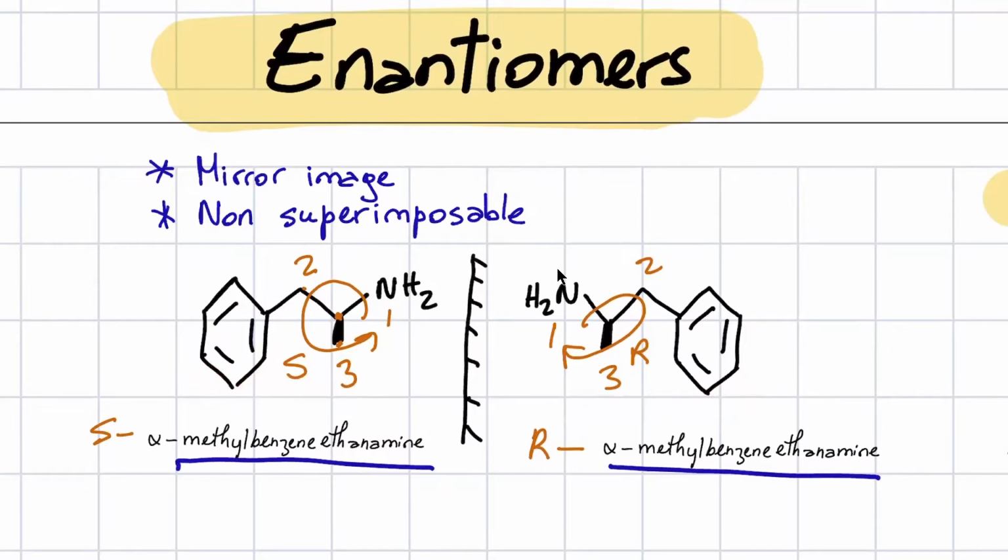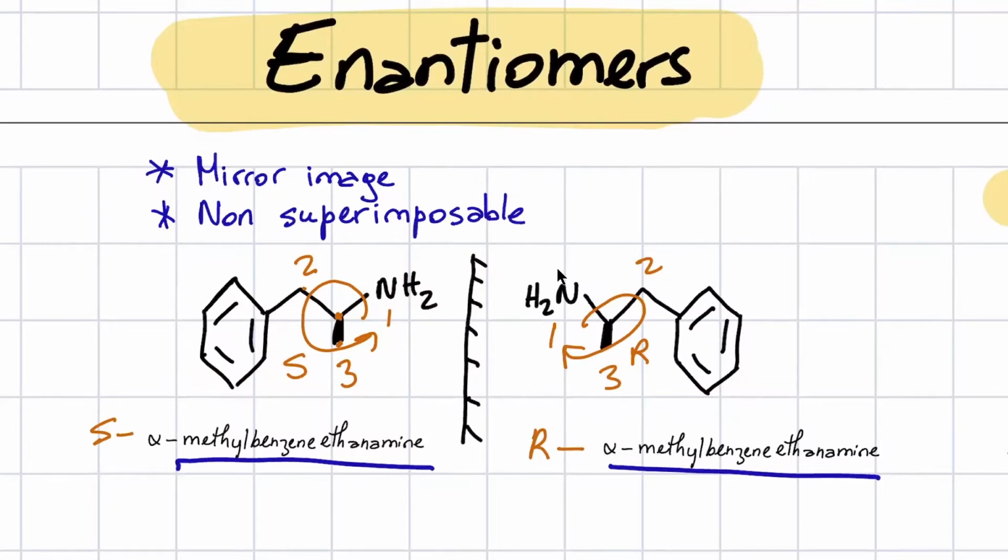Usually, when you have mirror image compounds, a lot of the time, in enantiomers, some of them will have chiral centers, and usually it's easy to determine if two compounds are enantiomers. If you don't know what a chiral center is, I would encourage you to watch my quick video about how to determine R and S. But I can quickly say it again.